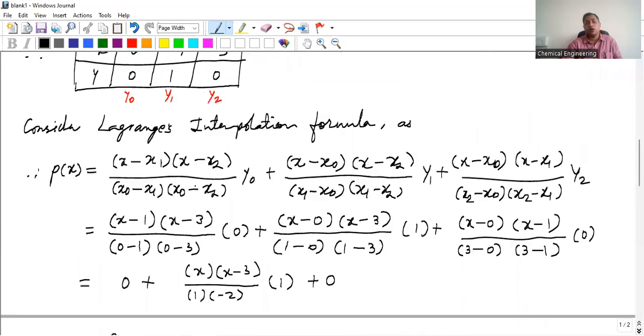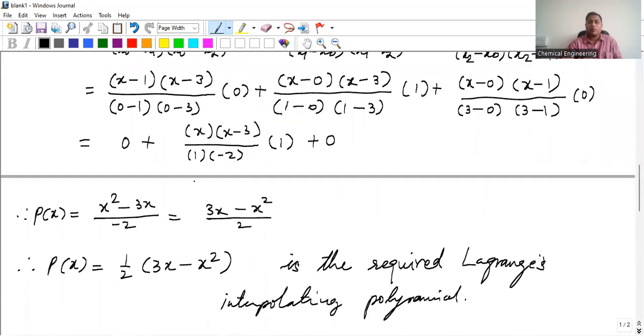So that means this polynomial satisfies all the tabulated values. Or in other words, this curve passes through all the given points. Or this polynomial satisfies all the given values or given points.